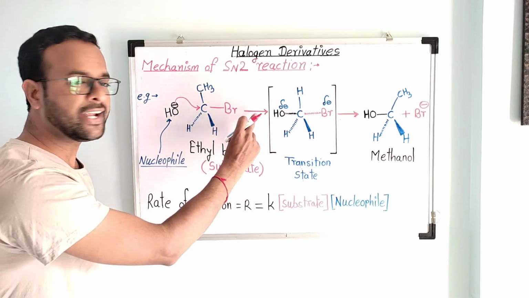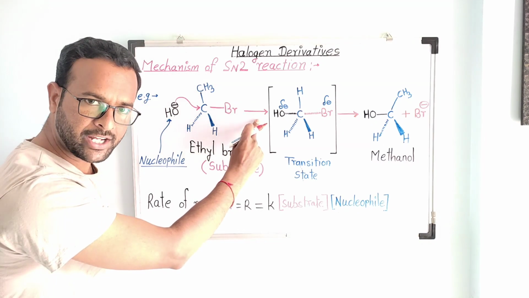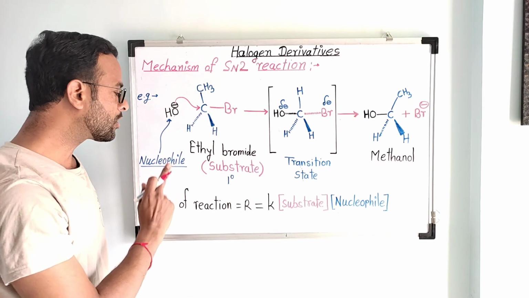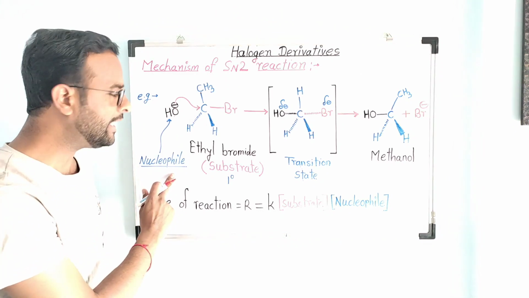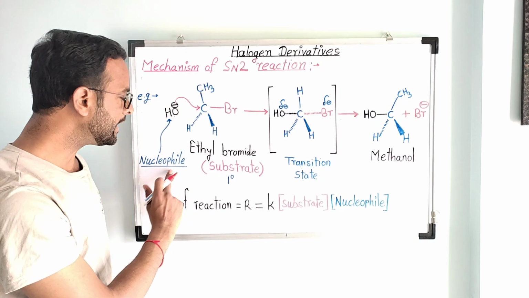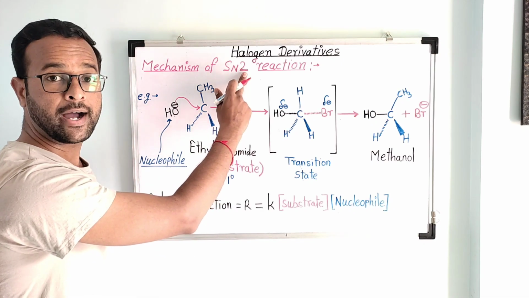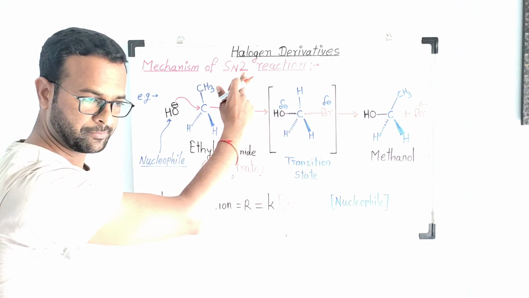This is the rate determining step, and the rate of this reaction depends on the concentration of nucleophile as well as the concentration of substrate. So the concentration of two molecules matters. That's why this is a bimolecular reaction.